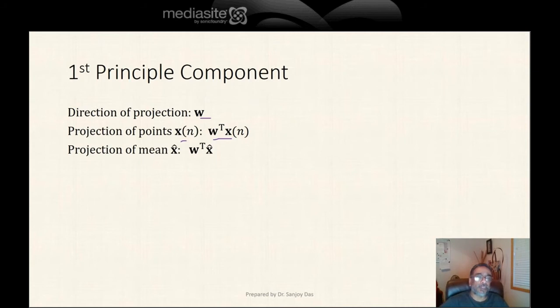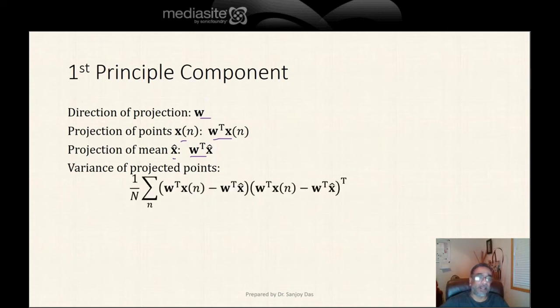The projection of the mean of the samples x hat is likewise W transpose x hat, and the variance of the projected points is given by this expression here, and each of these, W transpose xn, W transpose x hat, these are all scalars now. So the covariance matrix is replaced by simply the variance. I still use the transpose here so that this whole expression can be simplified further.